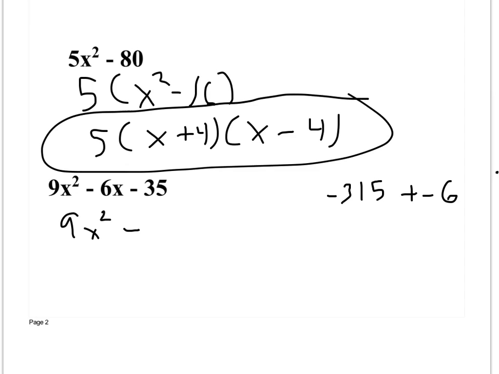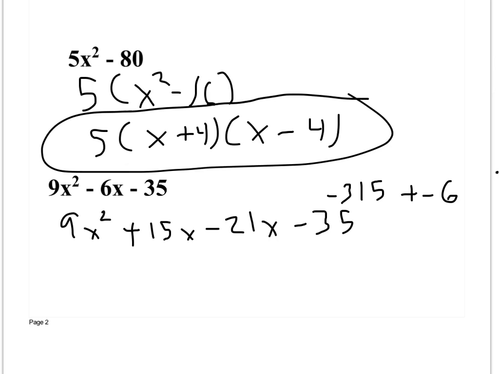Well, you go through your list, and it is 21 and 15. 21 needs to be negative. So I'm going to do 9x squared plus 15x minus 21x minus 35, because these are the 2 terms that add to give you negative 6 and multiply to give you negative 315.